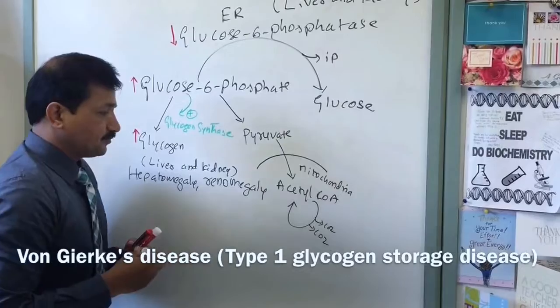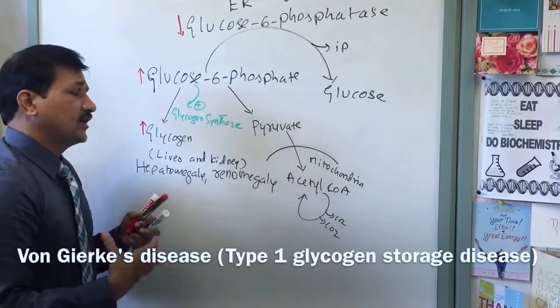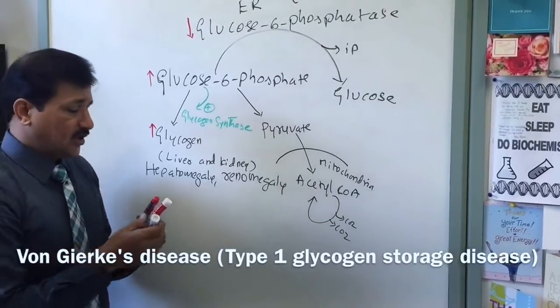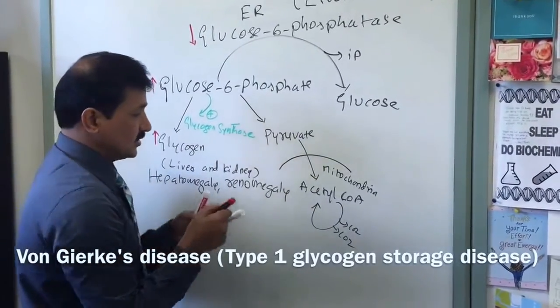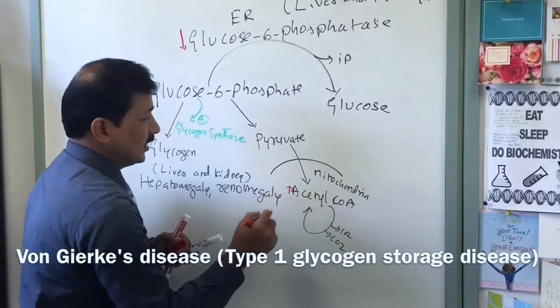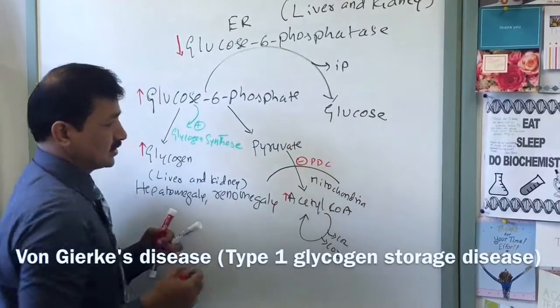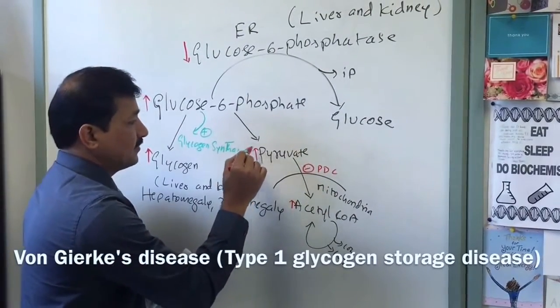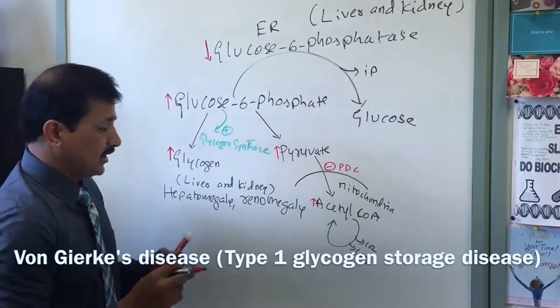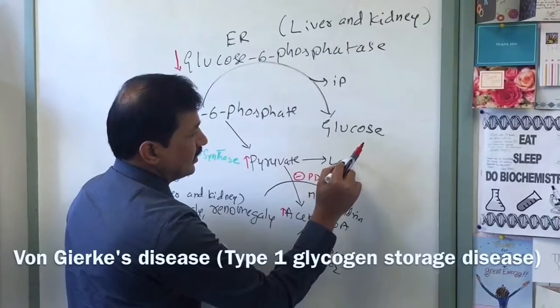Now, when there is too much acetyl-CoA, as you all know, acetyl-CoA will have a negative effect on the pyruvate dehydrogenase complex. So when acetyl-CoA builds up, it has a negative effect on PDC. Because of this, pyruvate builds up, and this pyruvate is now diverted towards lactate formation.